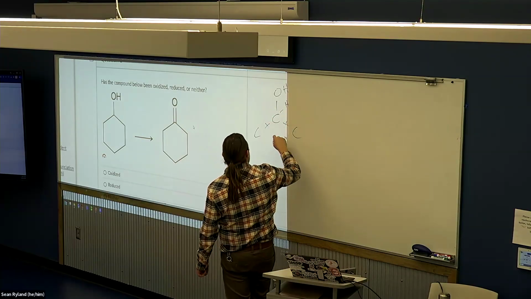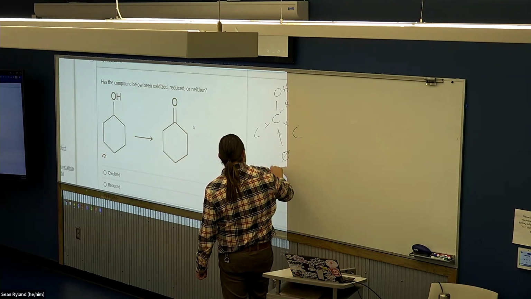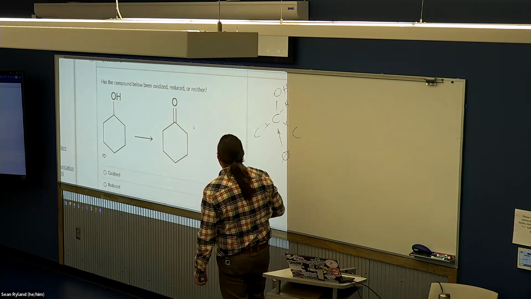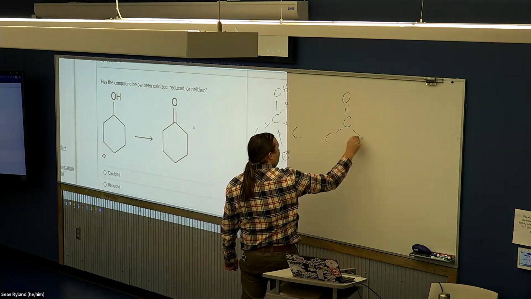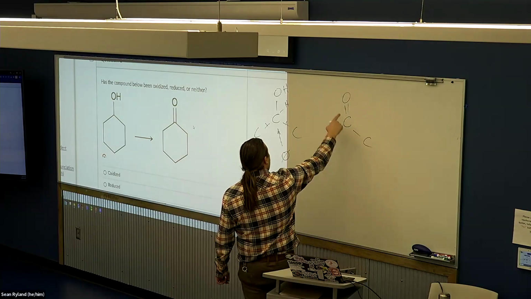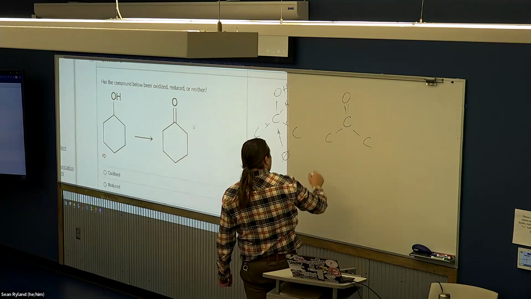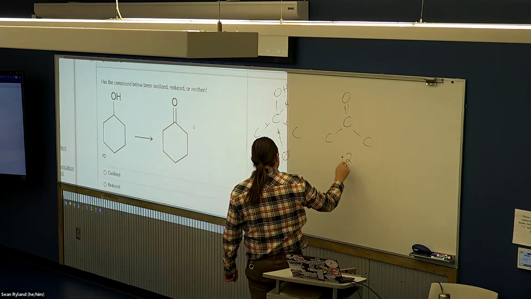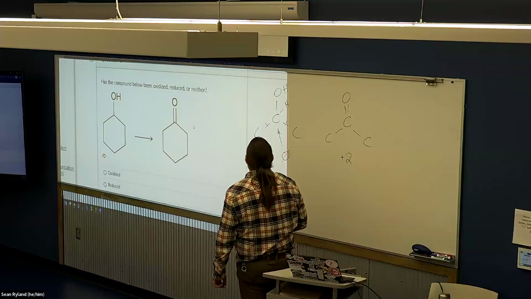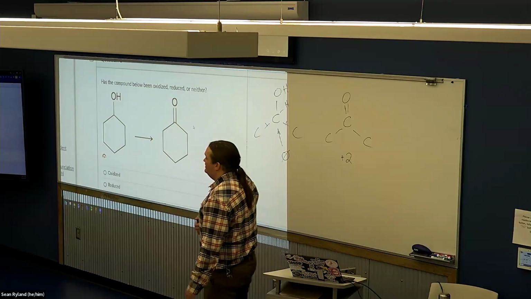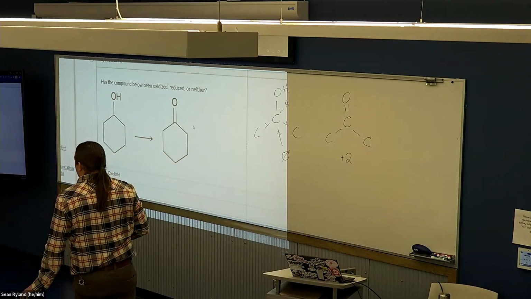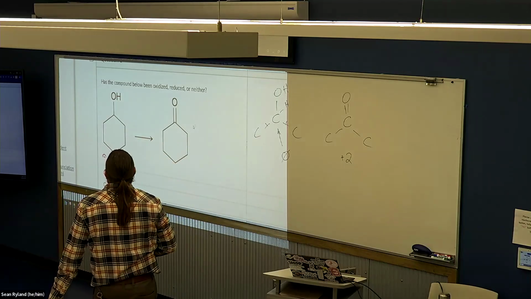So that gives it an overall oxidation state of 0. Versus the same carbon on the right-hand side, one there, and none of those. So now it's a +2. So because the carbon went from a 0 to a +2, something else had to be reduced somewhere, but the carbon was oxidized.